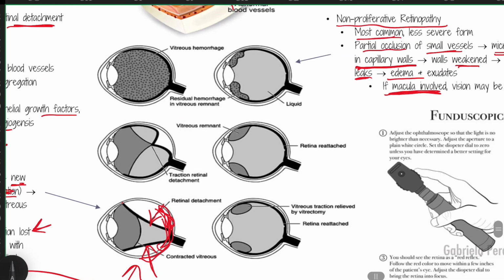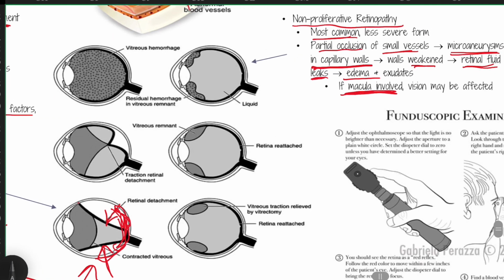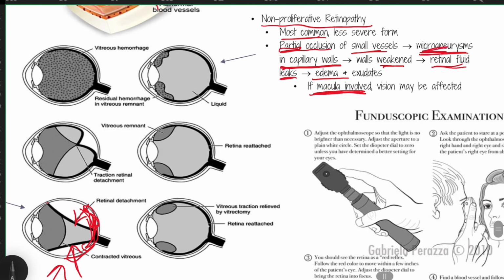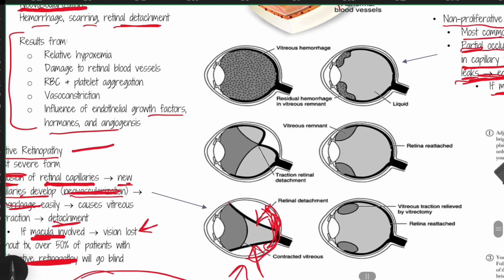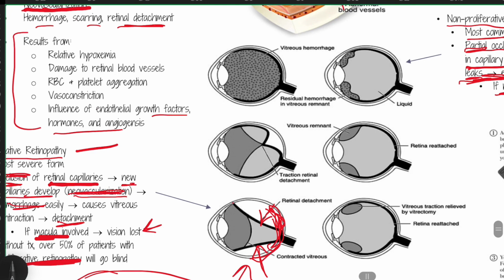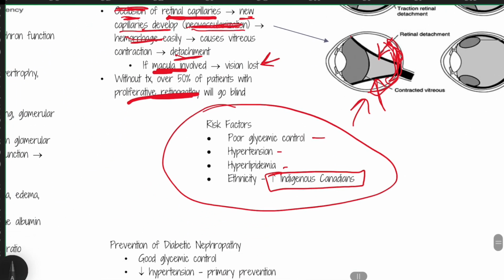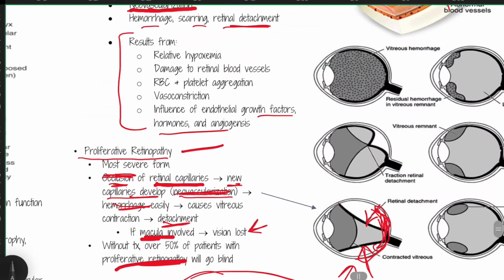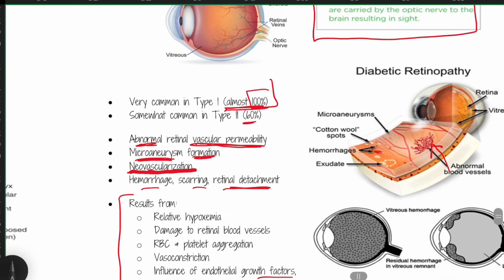With non-proliferative, we're talking about a partial occlusion that ends up with little microaneurysms that weaken the walls, and retinal fluid leaks through, causing edema. Those are your main points, and you can walk yourself through that to answer a question. There really isn't anything more we need to worry about for our purposes.